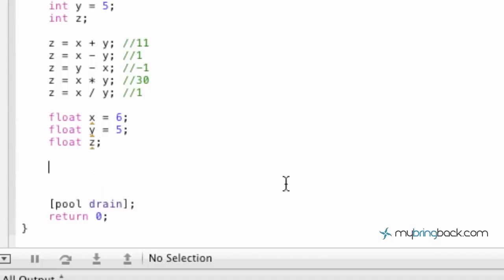So then if we were to take this equation and execute that, our answer would be 1.2, and depending on what your float value is, it could be 1.2 with 6 decimal places or so.